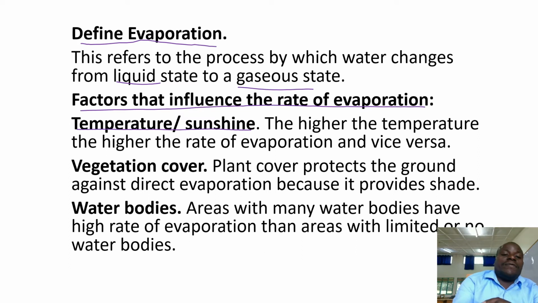Then we have vegetation cover. Areas which are covered with thick vegetation cover have a low rate of evaporation because the vegetation limits the amount of heat from the sun, or radiation, that would have caused evaporation on the ground.